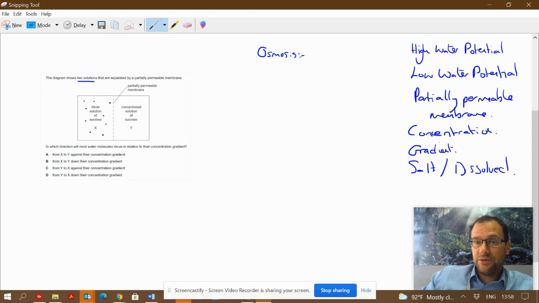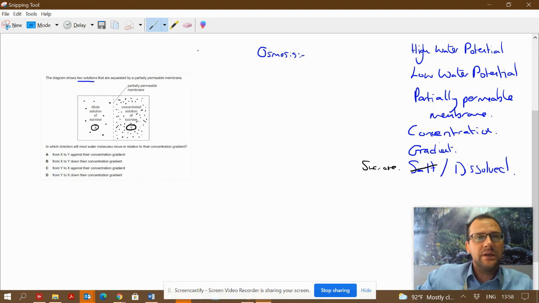Sorry, it's not salt, it's sucrose. In this case, it could be salt though. This here is a concentrated solution of sucrose Y, so we have a lot more particles of sucrose. So if you were to taste this one, Y, would be sweet, and this one not be so sweet.